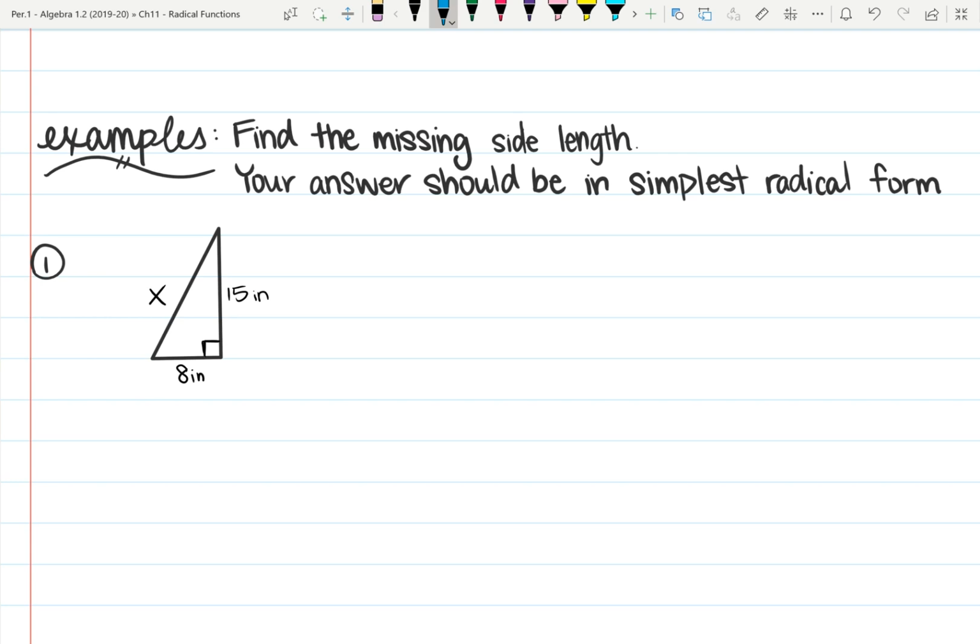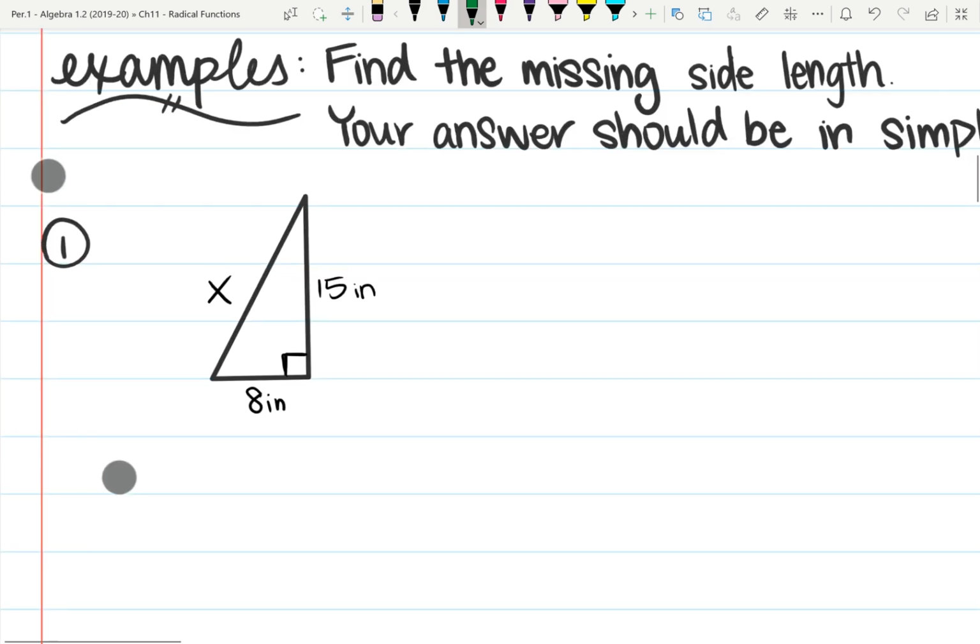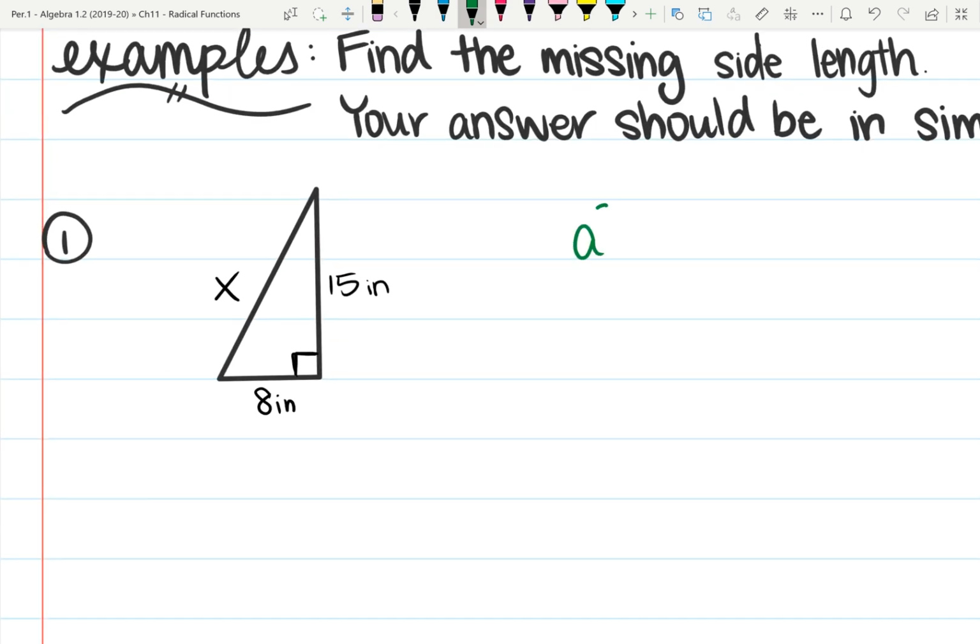So when I do this, what we're going to be using is my Pythagorean theorem. So let me zoom in, which is a squared plus b squared equals c squared. Now I need to identify what is a, b, and c. Just like before, we have this right angle, meaning these two sides here should be the legs.